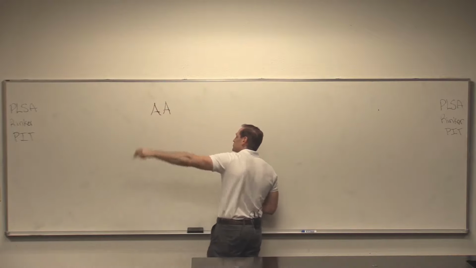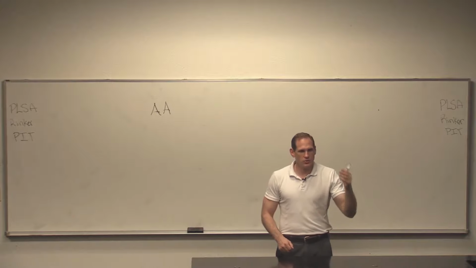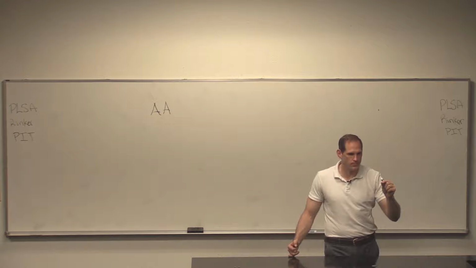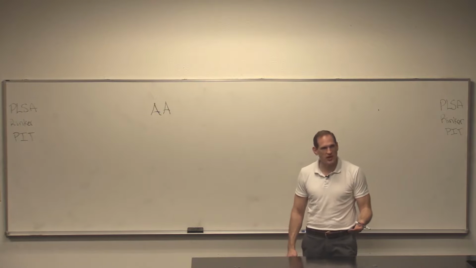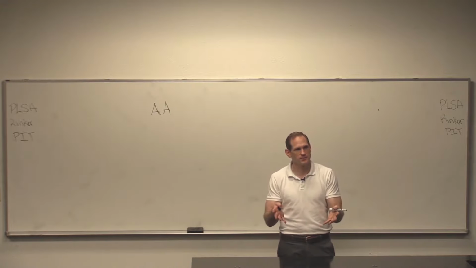We'll call it AA for short. And when you expose arachidonic acid to different enzymes, it can become different products. So there's one enzyme in particular called cyclooxygenase, which we conveniently abbreviate COX.